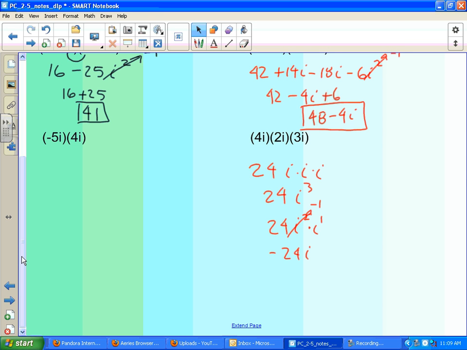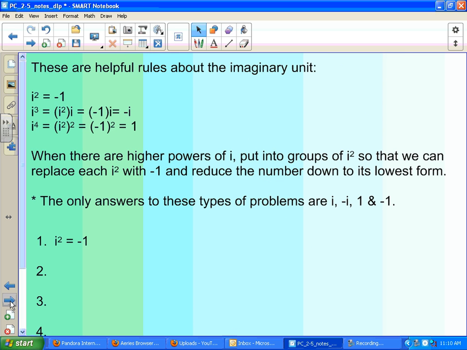So here's the pattern. We actually have 4 different patterns you can look for when you're working with i's: i to the first, i squared, i to the third, and i to the fourth. Each of them has a distinct answer. i is just i. But i squared, we know that's already negative 1. But look what i cubed is. i cubed is i squared times i, which we just did: negative 1 times i.